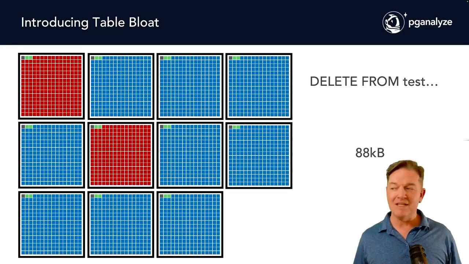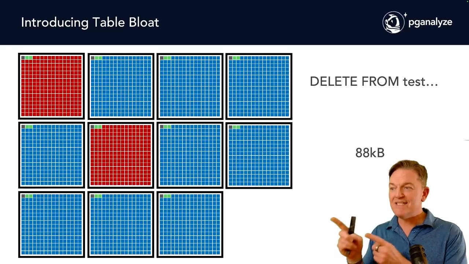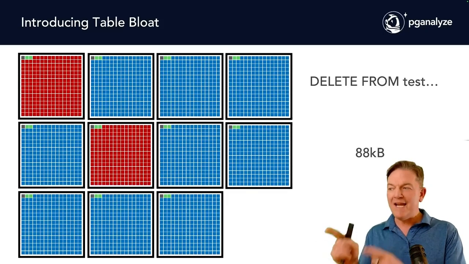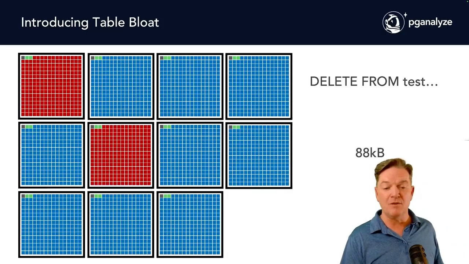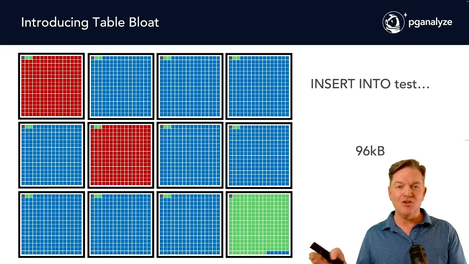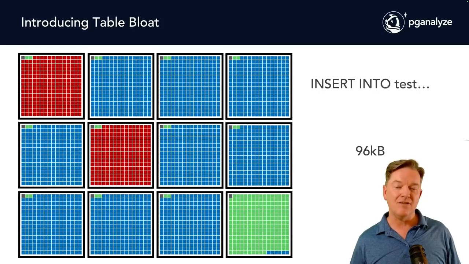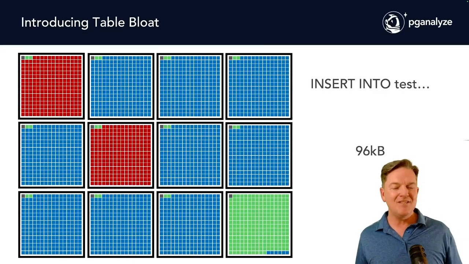Now, the problem is, until we reclaim that space, as we talked about earlier, this is now considered table bloat. I have 2 pages that can't be used. It's taking up space that is not available somewhere else. And so if I insert new data, I now get a new page, and the table is now 96 kilobytes. This process can really happen, obviously, very quickly in a database, right? 96 kilobytes for a table is not very big.